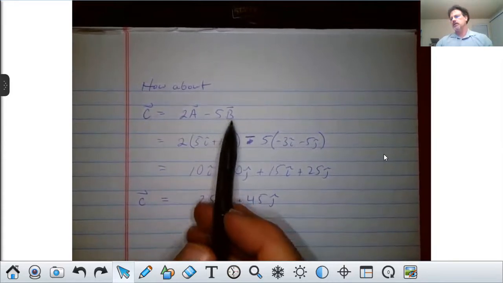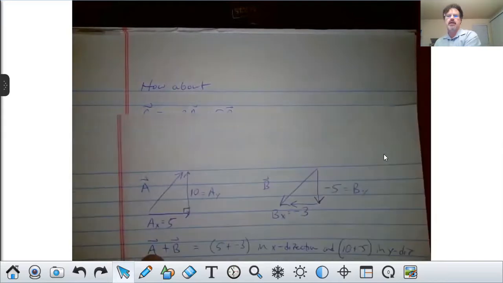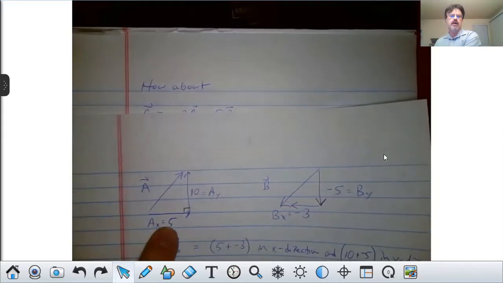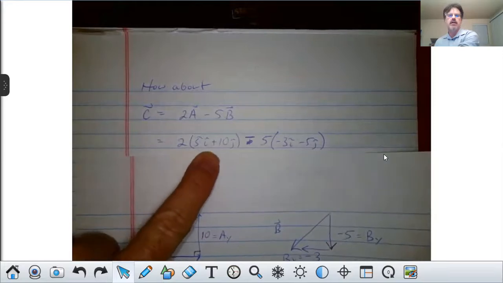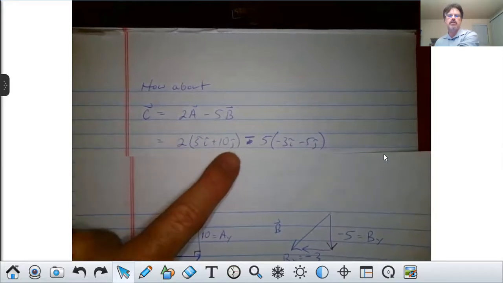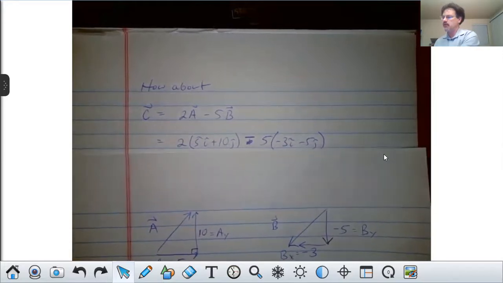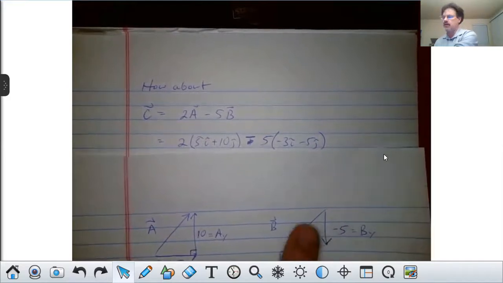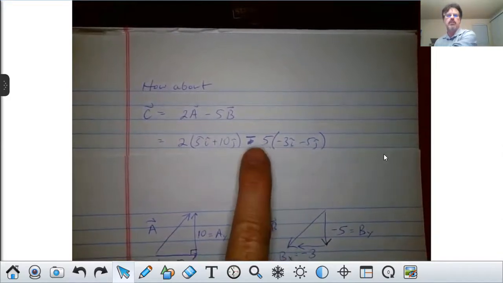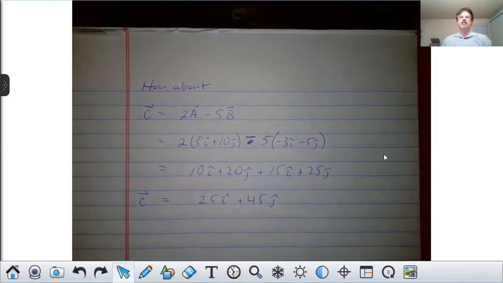Well, if you go back and look at your vectors, A and B, I have really 5I hat and 10J hat. That's my vector A. So I'm going to multiply it by 2. And I've got negative 3x hat and negative 5y hat. That's my vector B. I'm going to multiply it by negative 5.